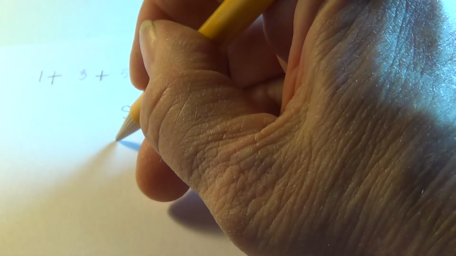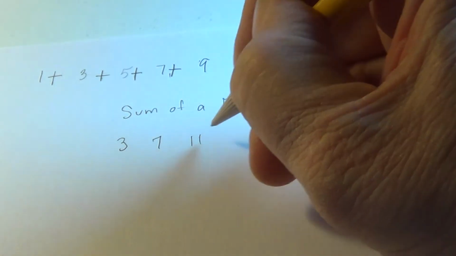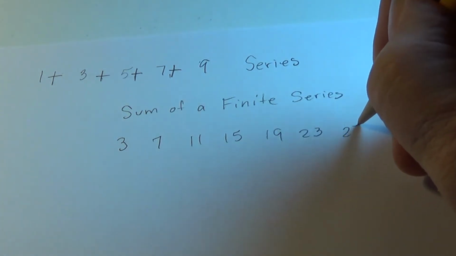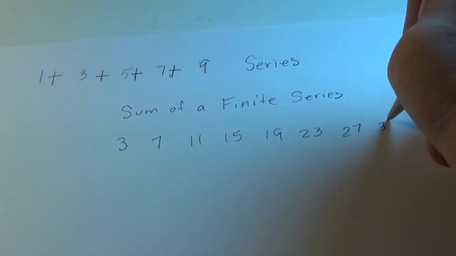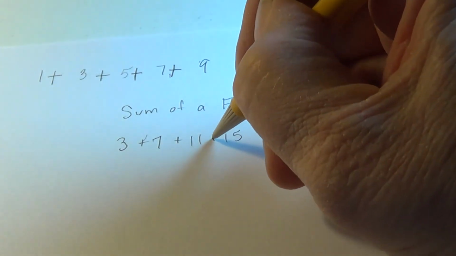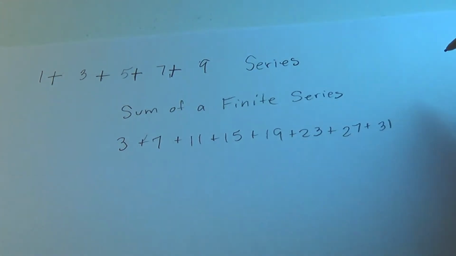Suppose the first term in my sequence, which is now going to become a series, is 3, and then 7, 11, 15, 19, 23, 27, and 31. Can you see what the common difference is? We're going to add these, and it's now a series. And of course you could plug these into your calculator and find it very quickly when it's small, but I could make it 200 long, and that's where you would need this formula.